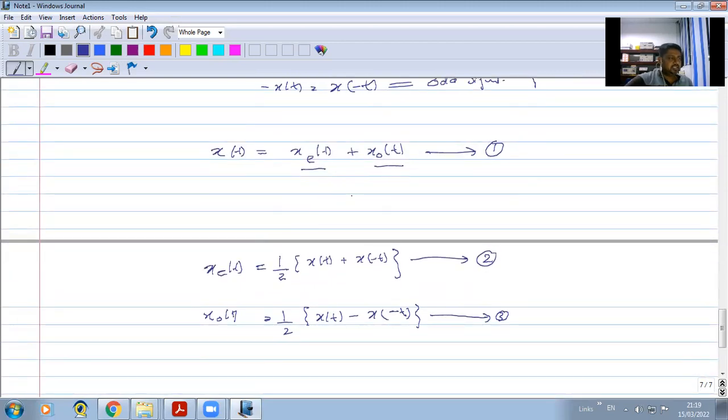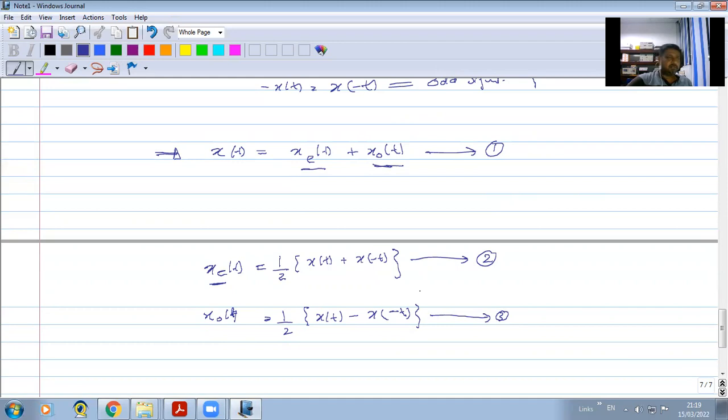Okay, so any signal can be expressed as odd and even components. The even component of any signal can be calculated as x(t) plus x(-t), divided by 2, and the odd component of any signal can be obtained by x(t) minus x(-t), divided by 2.